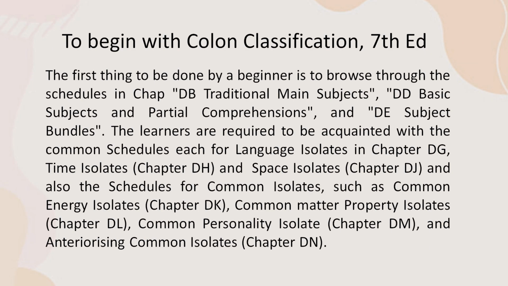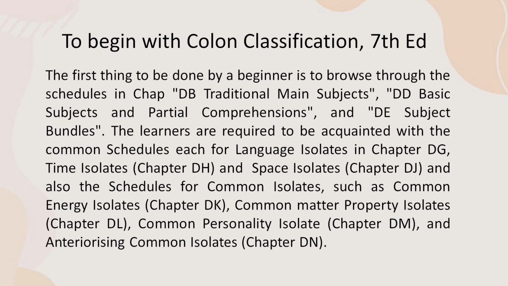Now, the first thing to be done by a beginner is to browse through the schedules in chapter DB, traditional main subjects, and also DD, the basic subjects and partial comprehensions. And there is also one chapter on subject bundles, that is DE.